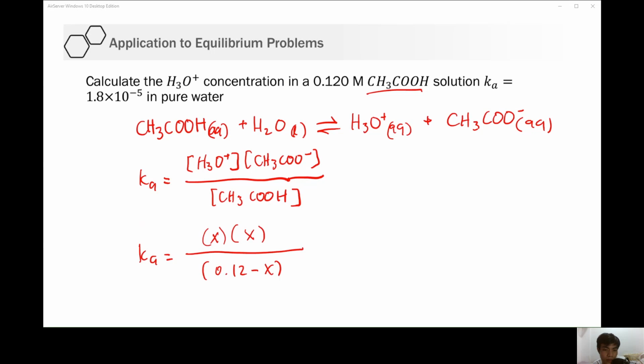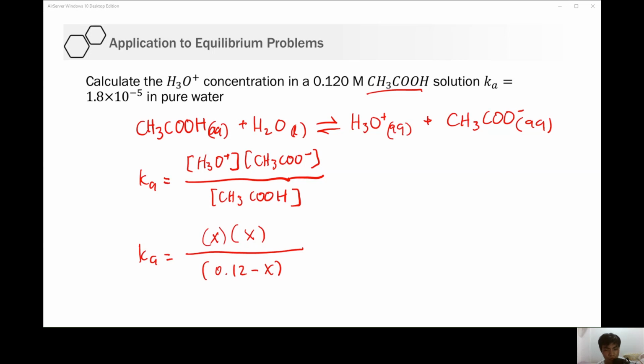In my laboratory class, I taught them the small x approximation. This problem actually qualifies for the small x approximation technique. If you want to learn about it, please look for videos in the laboratory whose title is MTY 1103 sections 2, 6, or 15, chapter 4, part 2. Those are the video titles that explain the small x approximation.